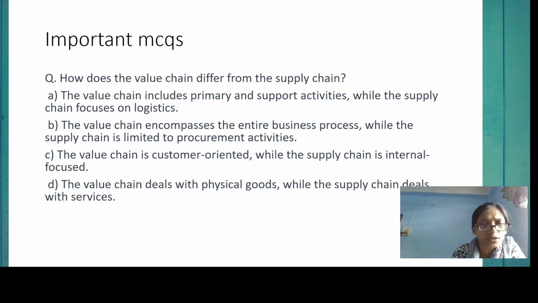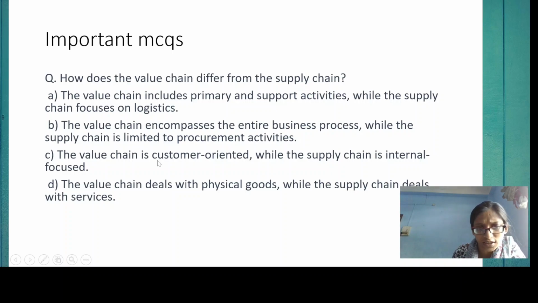So let's discuss some important MCQs. How does the value chain differ from the supply chain? Option A: the value chain includes primary and support activities, while the supply chain focuses on logistics. Option B: the value chain encompasses the entire business process, while the supply chain is limited to procurement activities.